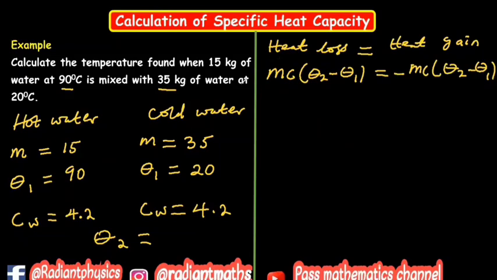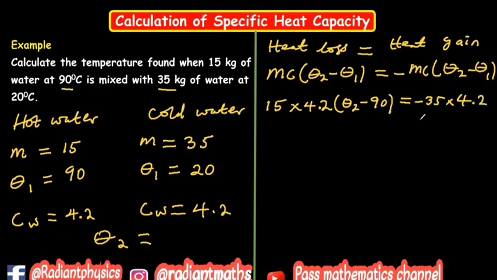We have mass 15 times 4.2, the specific heat capacity of water, then bracket, the final temperature minus the initial temperature of 90, equal to, let's not forget our negative sign, 35 times 4.2, then in brackets, minus the initial temperature, which is 20.